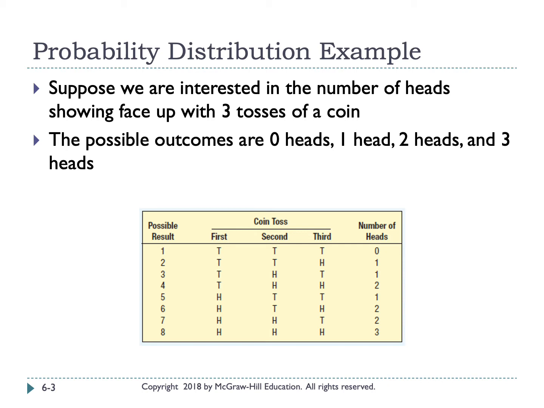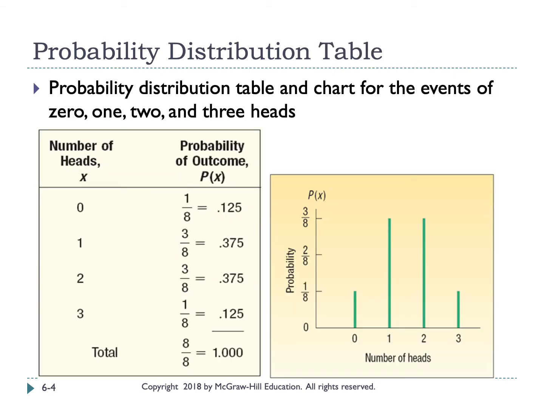And then you can see in this chart, we've listed out what those 8 different outcomes from doing this experiment would be. We can then put our probability distribution into a table, and we can even graph the information like in a bar chart. Again, we toss the coin 3 times.